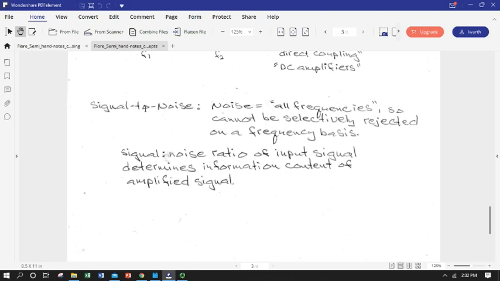Signal input and signal output, output over input. Signal to noise is the ratio of our information carrying signal, like our V output, for instance, to our V noise. And the higher our signal to noise ratio is, the better we can interpret our signal. This is sometimes known as fidelity or clarity or resolution.